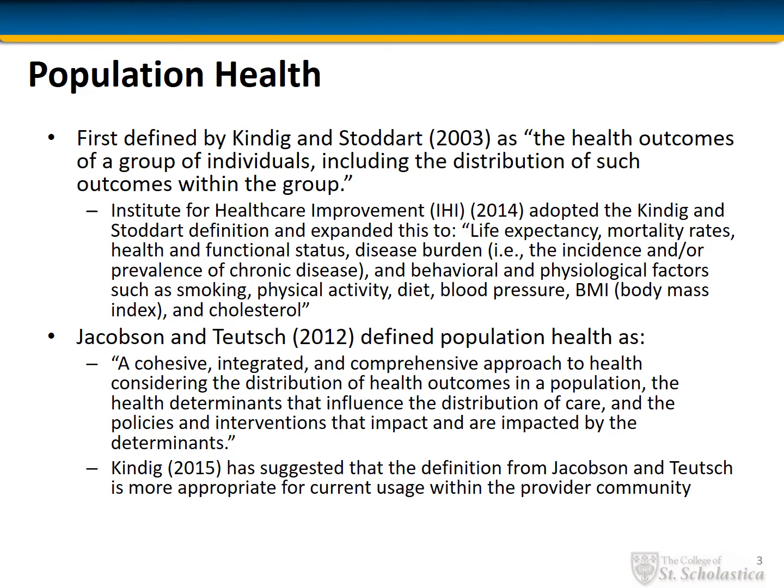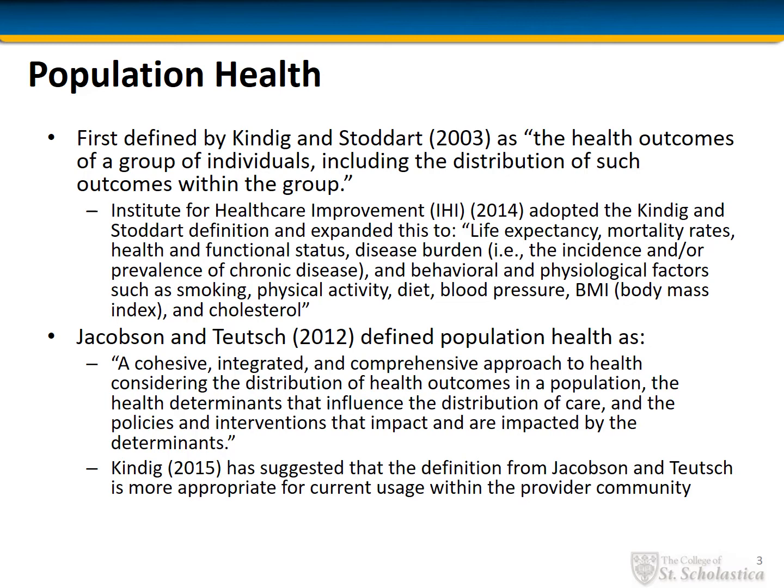Interestingly, Kindig, the author of the first definition, in 2015 suggested that the definition from Jacobson and Teutsch is more appropriate for current usage within the provider community. It seems actually that the two primary definitions have useful information and are not necessarily contradictory.